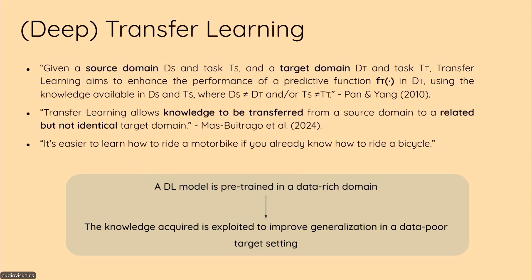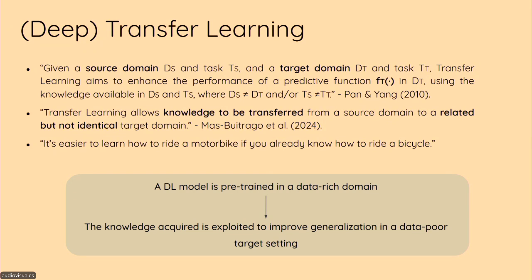And we talk about deep transfer learning when this predictive function is indeed a neural network. Okay. So basically the idea is that transfer learning allows knowledge to be transferred from a source domain to a related, but this is important, not identical target domain.